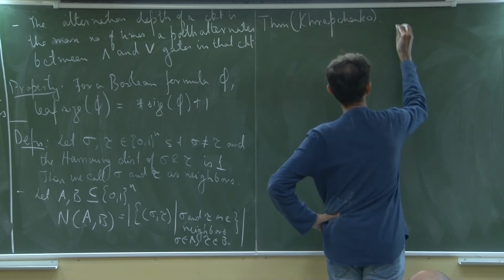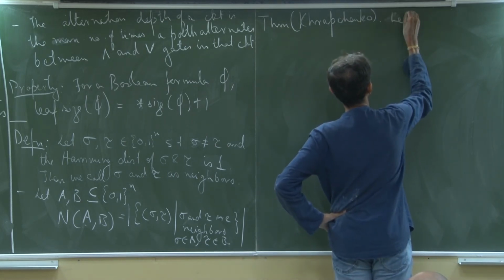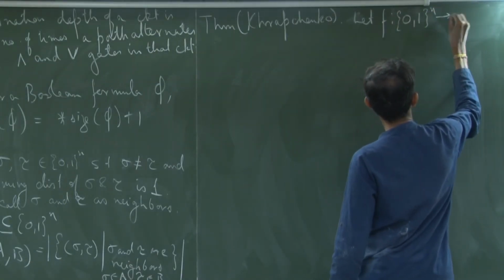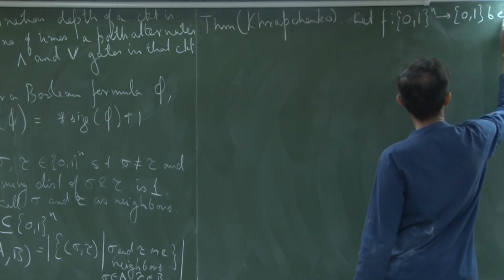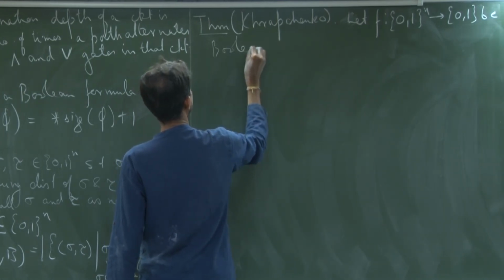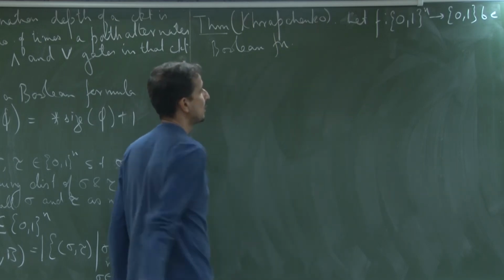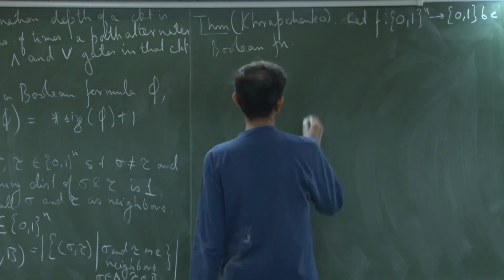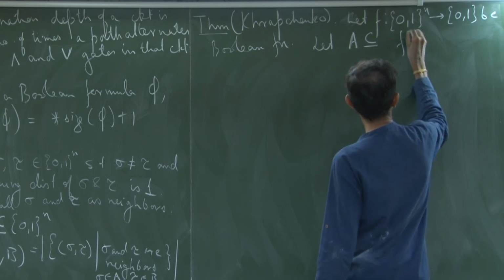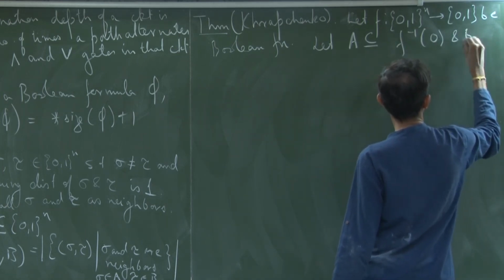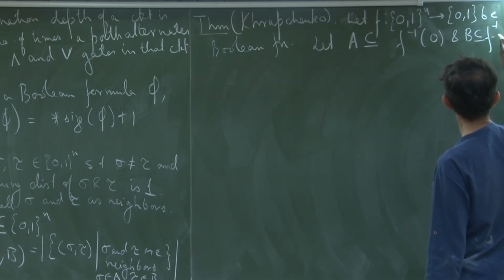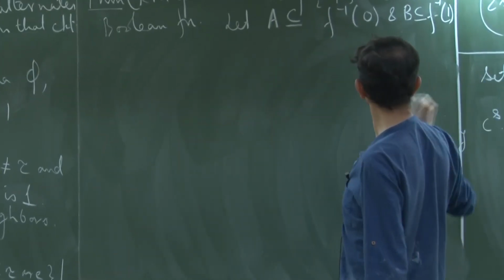So, let f from {0,1}^n to {0,1} be a Boolean function, and let A be some subset of f inverse 0 and B be some subset of f inverse 1.